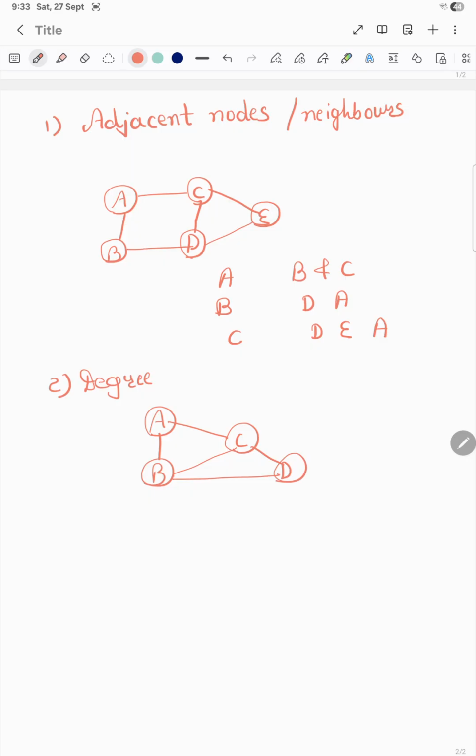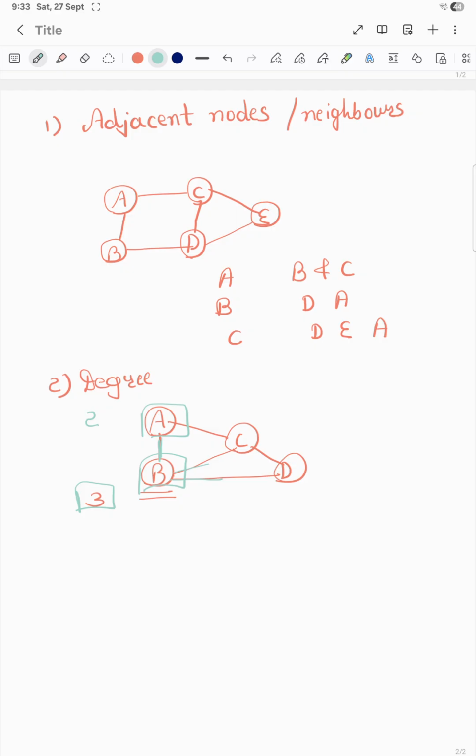Here the degree of B is 3. Why 3? Because it contains these 3 edges. So the degree for B is 3. For A, the degree is 2, because it contains only 2 edges.